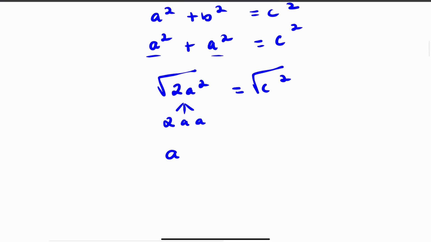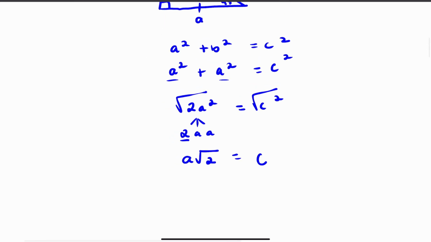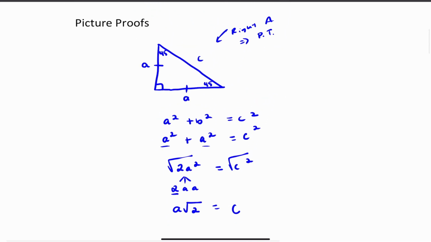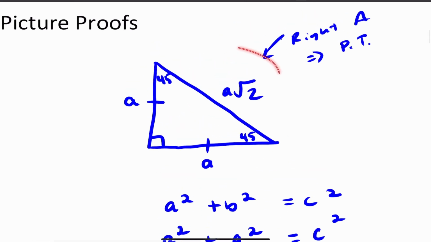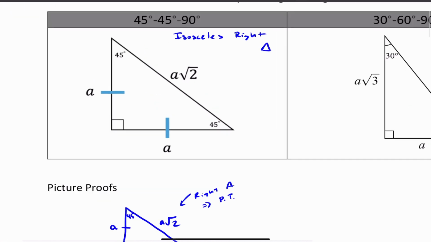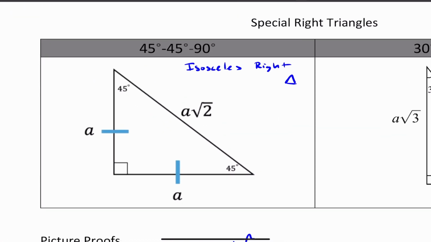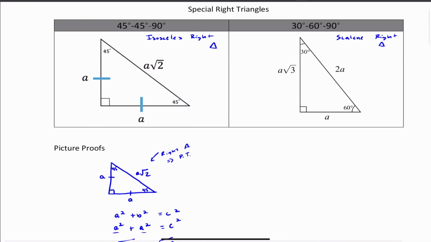So a root, what's left over, that 2, remains inside of the square root. So this is what C is: C is a root 2. This formula matches exactly what we have from the beginning. So that is the 45, 45, 90 triangle.